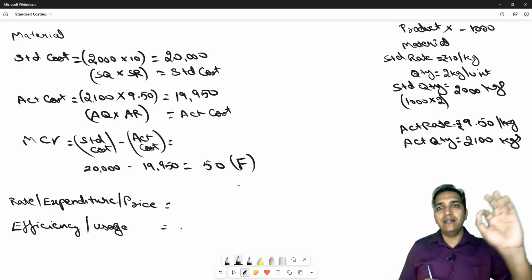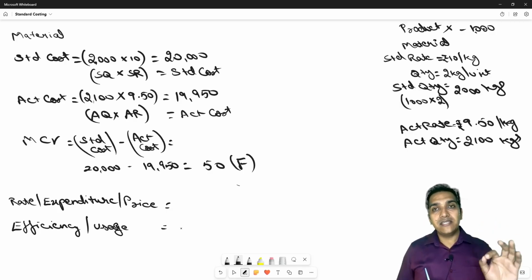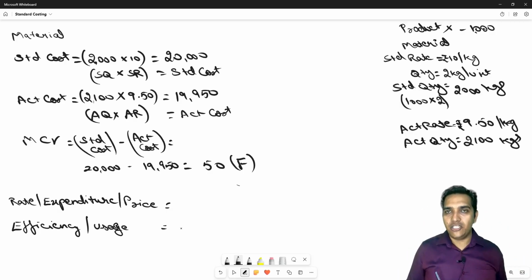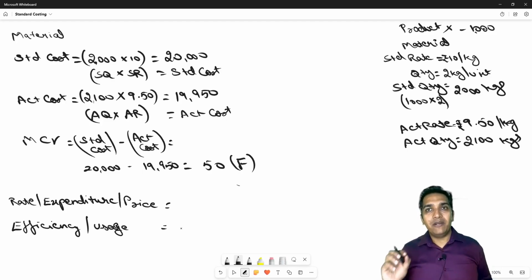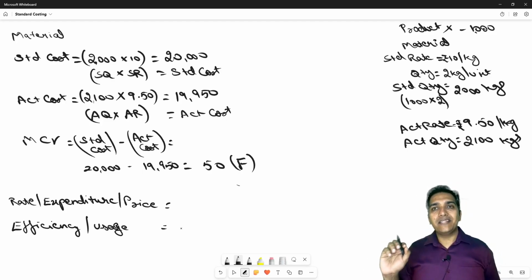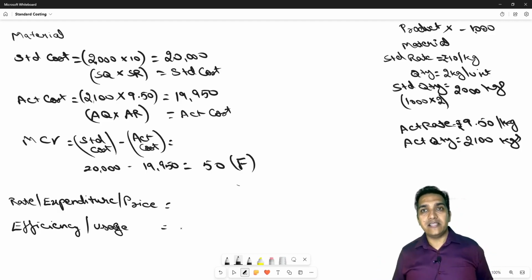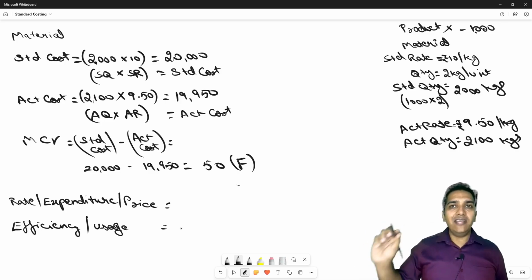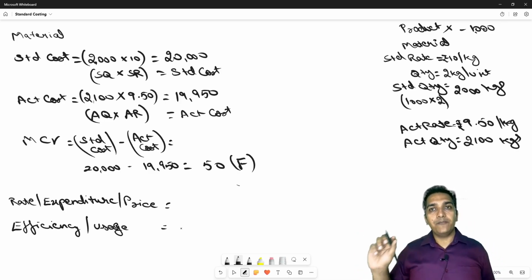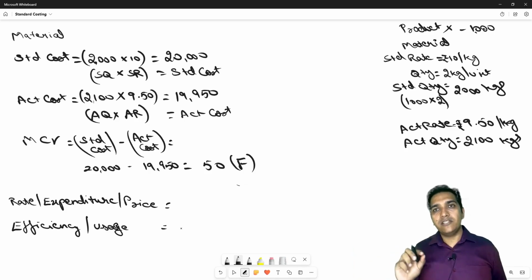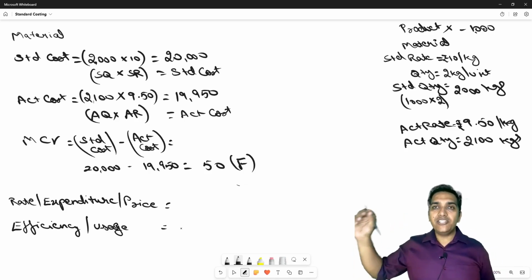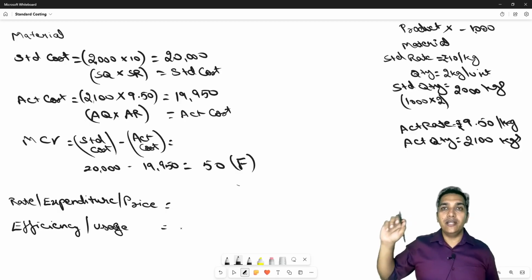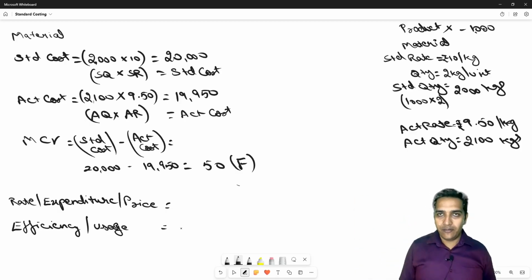We had planned that I will purchase the material at 10 rupees per kg, but when I actually purchased, I purchased it at 9 rupees 50 paise. So the 50 paise is a saving in the cost, which is due to the reduction in my price. However, we cannot write 50 paise as my variance.